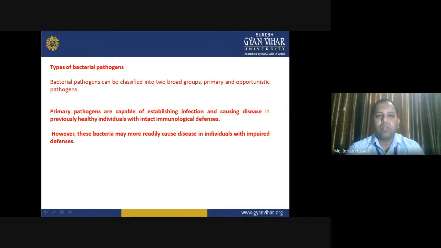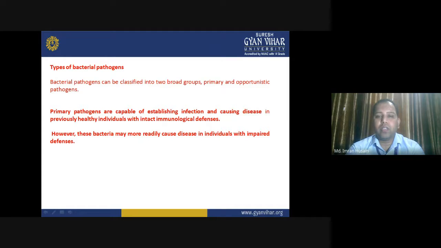Primary pathogens are capable of establishing infection and causing disease in previously healthy individuals with intact immunological defenses. So they are able to cause infectious disease in individuals who were previously healthy and whose immunological defenses were intact.